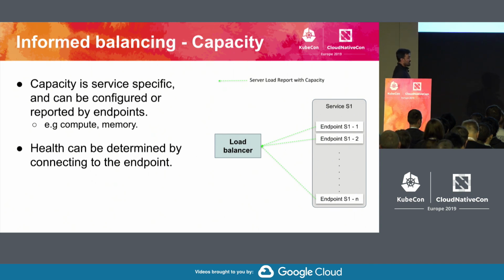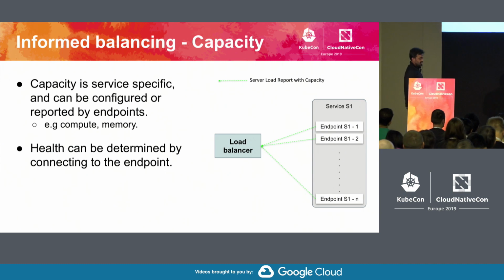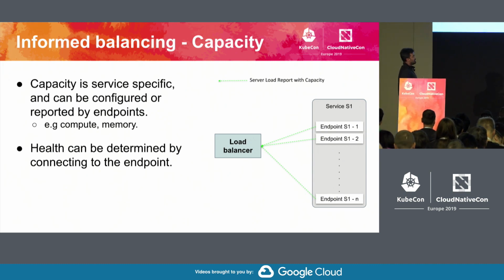It could be the number of RPCs that your particular service or endpoint can serve, and that can differ based on how big your endpoint is in compute or in memory. It can also be something like your utilization. One good example of this is the gRPC load reporter protocol, which allows you to report all of this back to the balancer.